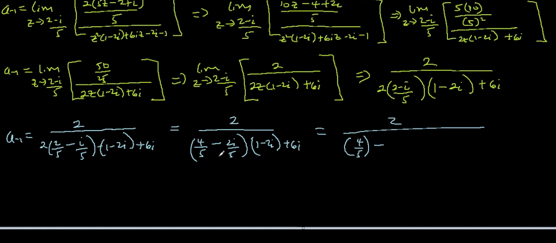Then minus this times this, we're going to have 8i over 5 plus this times this, we have minus 2i over 5, and this times this, we are going to have minus 4 over 5 plus 6i.